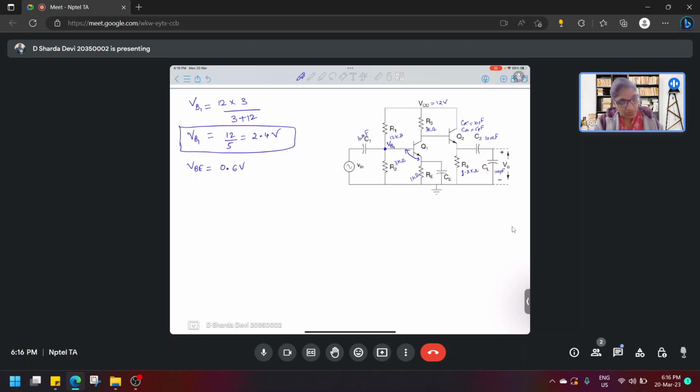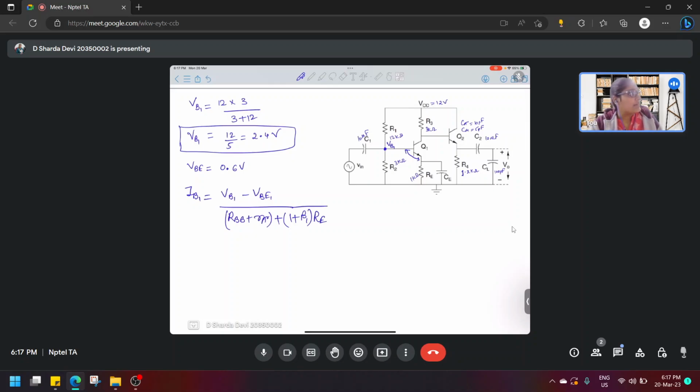So if we want to calculate the current IB1, we can write it as VB1 minus VBE1 upon RBB, base resistance, plus R pi plus 1 plus beta 1 into RE, right?